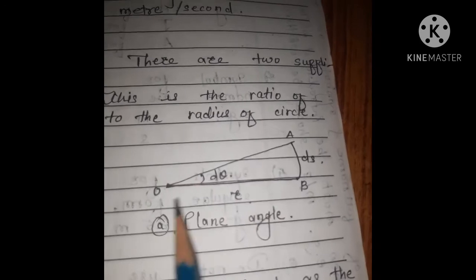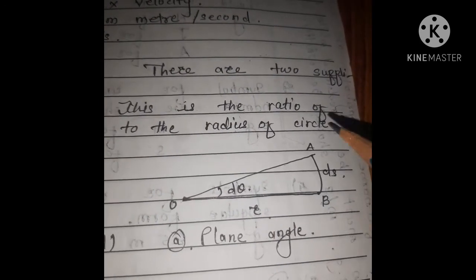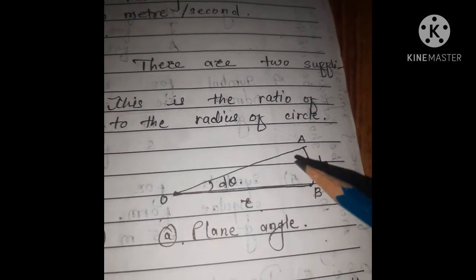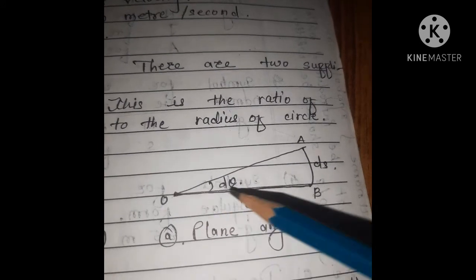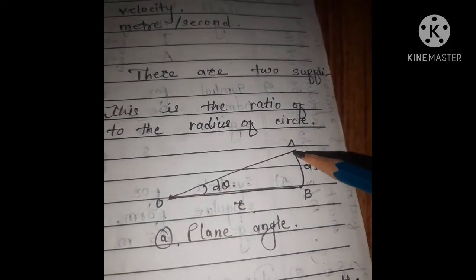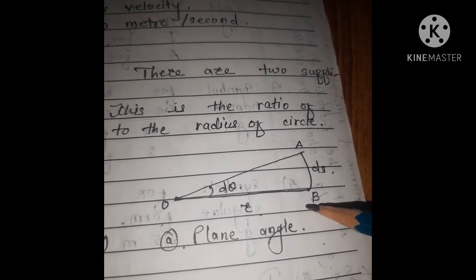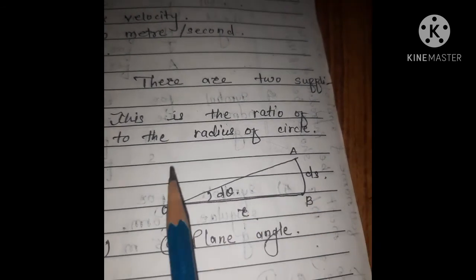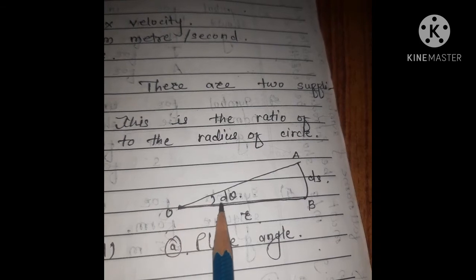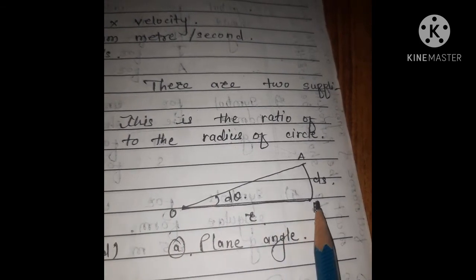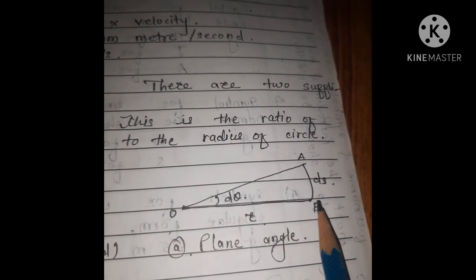From this diagram, the arc of the circle is this AB, is the arc of circle, and radius of circle is this small r, OB.